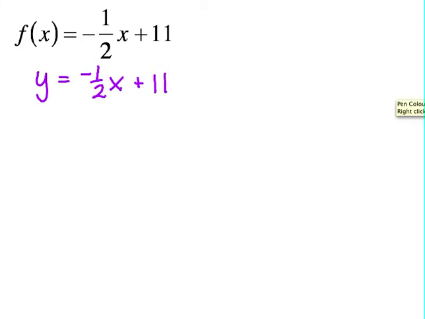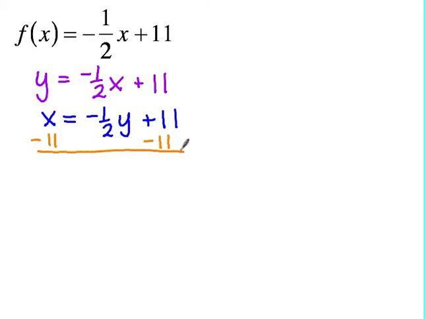Step 2, switch y and x. Step 3, yep, subtract 11 first. So x minus 11 equals negative 1/2 y.